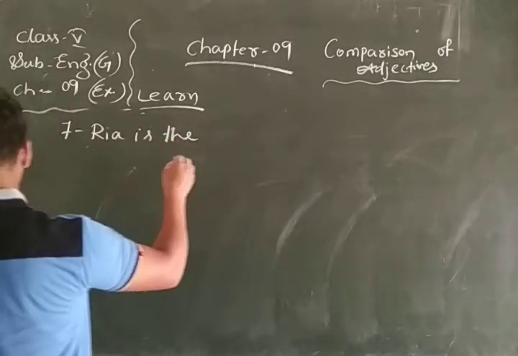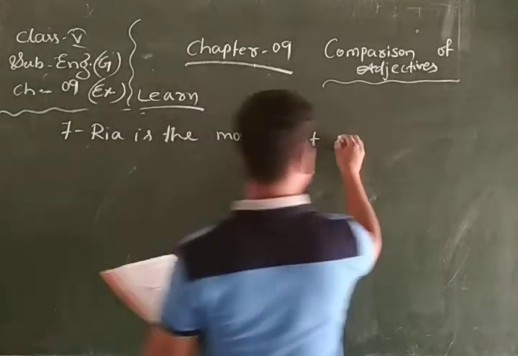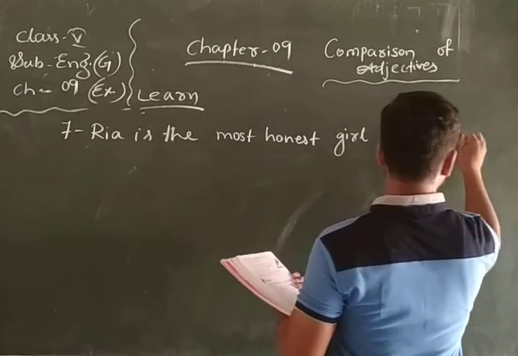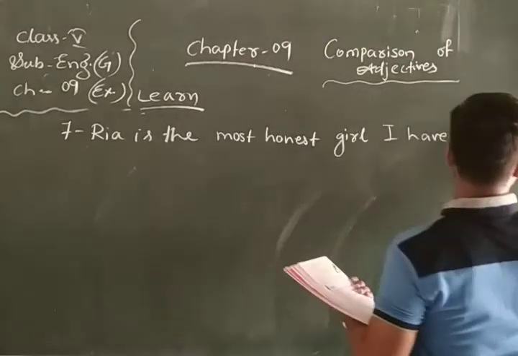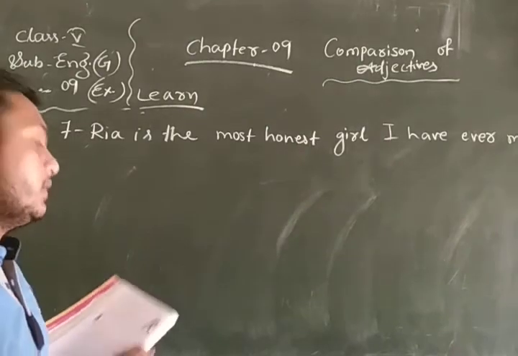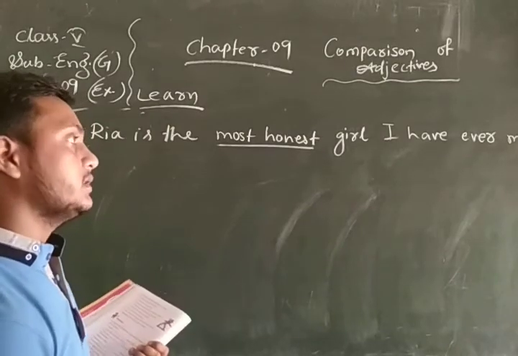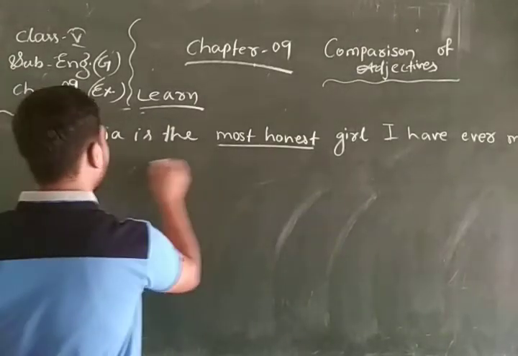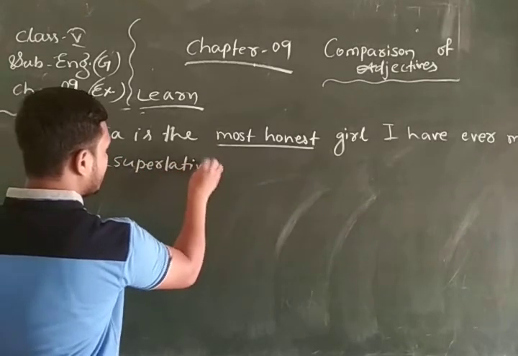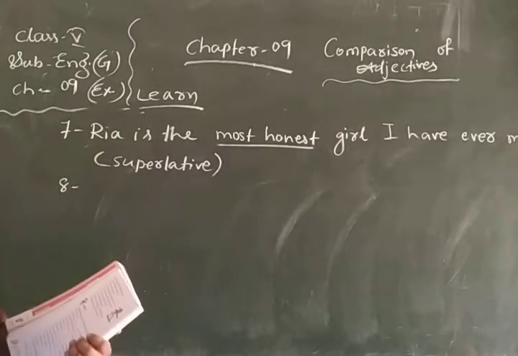Here most honest is the modifier, and it is the superlative form. Number 8, you will meet interesting people there.